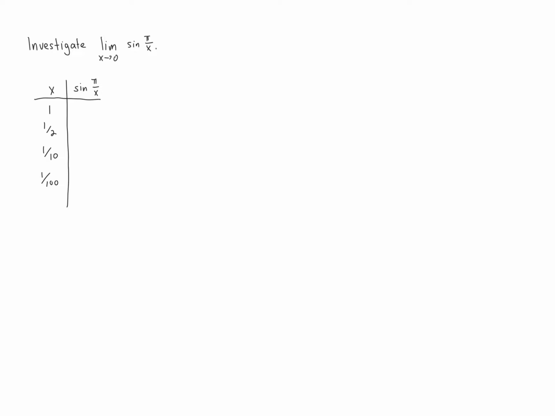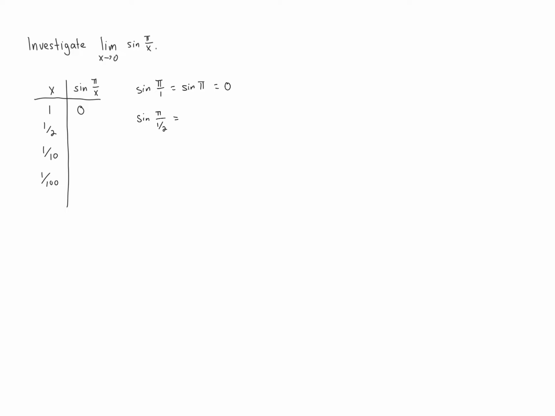Now, if we plug in 1, then we've got sine of pi over 1, which is sine of pi. And if you'll recall, sine of pi is equal to 0. So that is 0. Now, if we do 1/2, that's going to be sine of pi over 1/2.